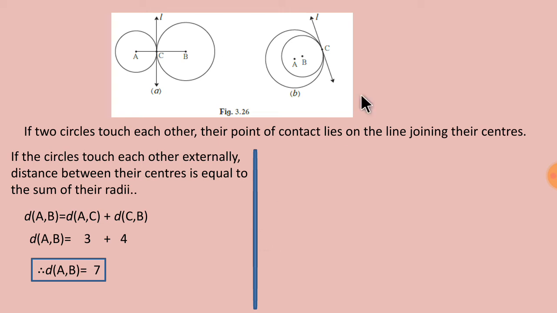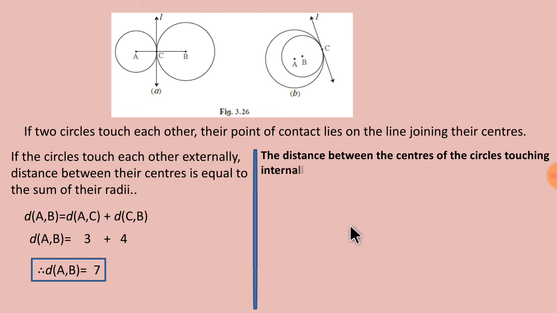Now in the same way, in the second diagram, let AC is equal to 4, or radius of large circle is 4 and radius of small circle is 3, then if the circles touch each other, the distance between the centers of the circles touching internally each other is equal to the difference of their radii.